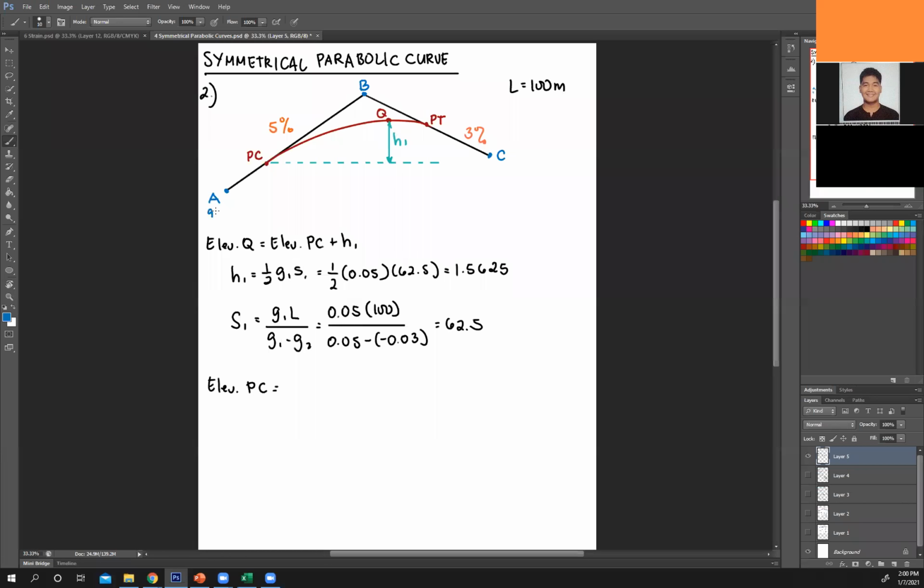So if I was able to find the elevation of A, and then get this, let's call this HA.